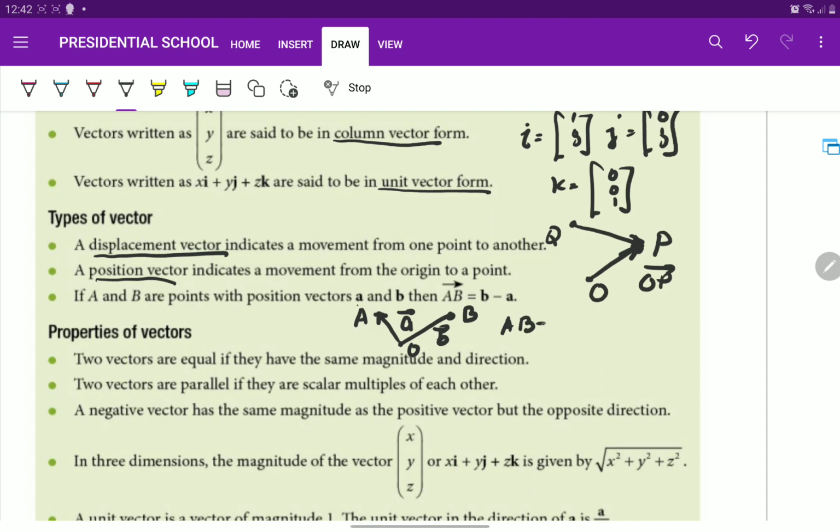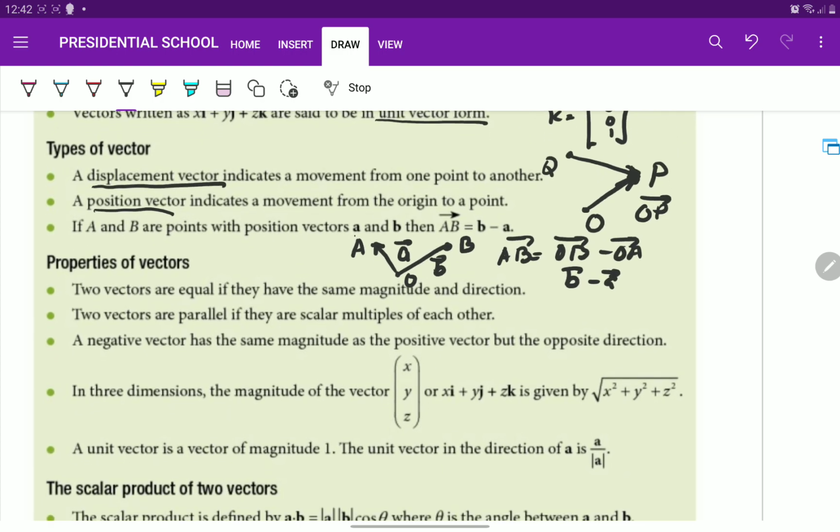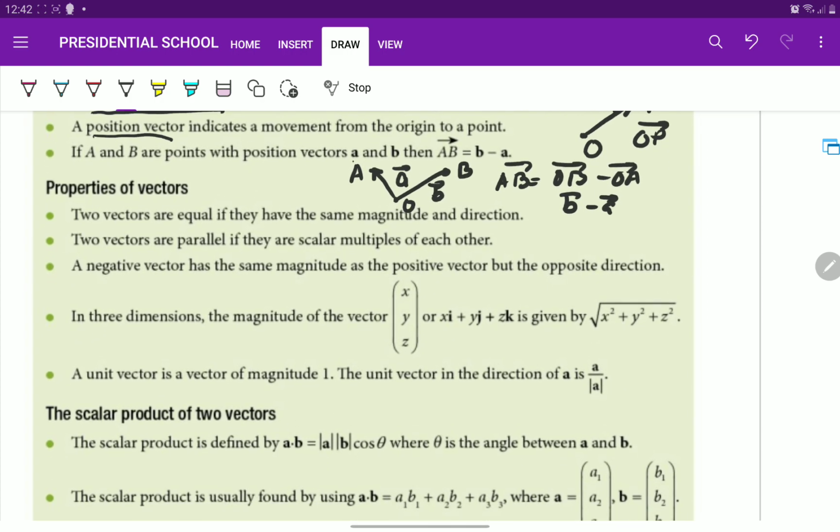AB is equal to OB minus OA, or vector B minus vector A. Two vectors are equal if they have the same magnitude and direction.